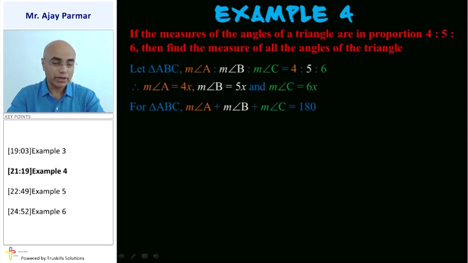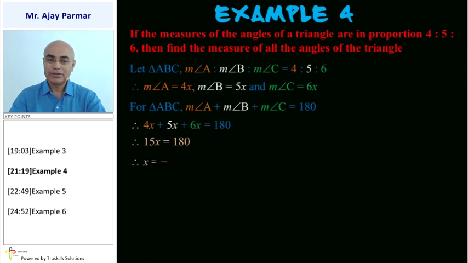So what is it that we will be doing now? Substitute the values. What else? Isn't it? So that is 4x plus 5x plus 6x is 180. A simple equation, and that is going to give us 15x is equal to 180. So x is equal to 180 upon 15, and that is equal to 12.